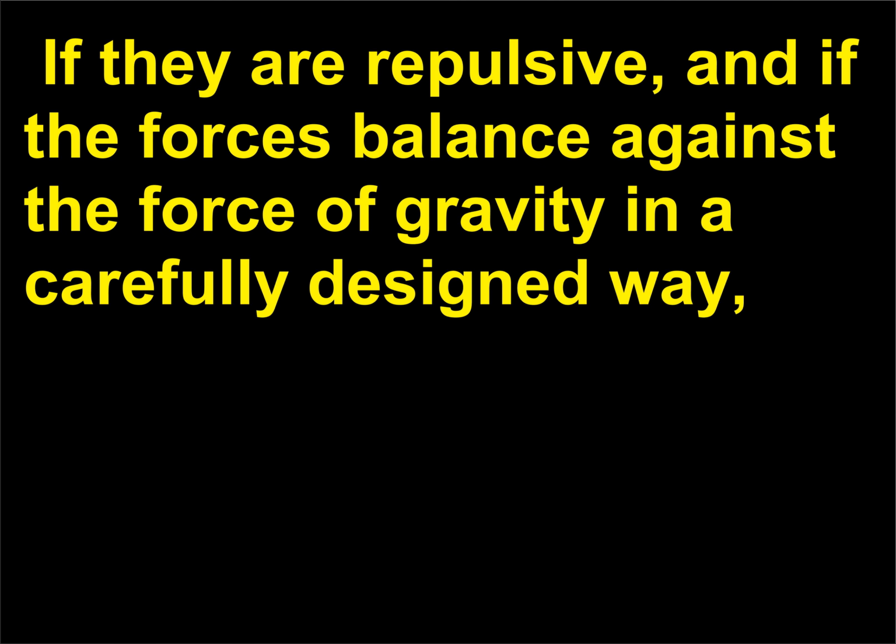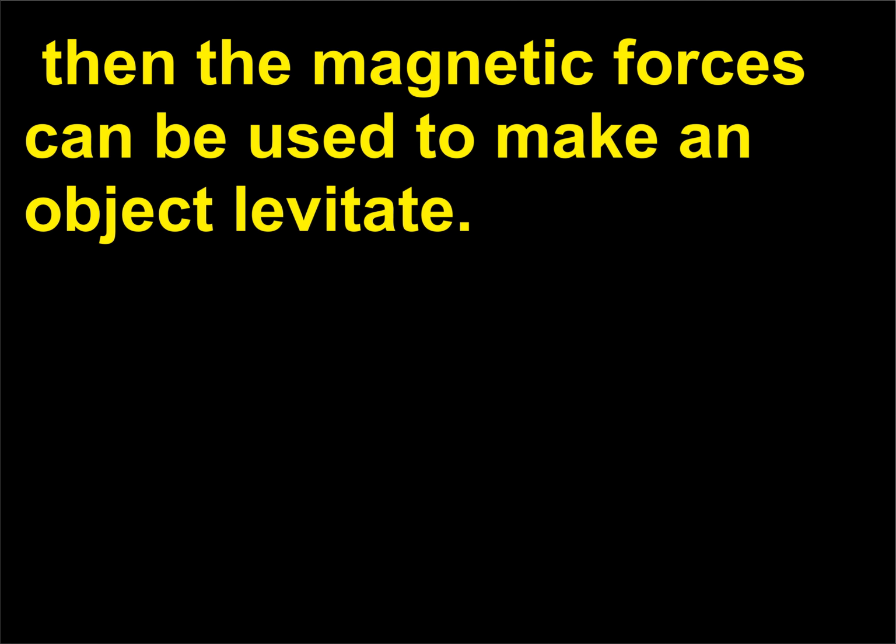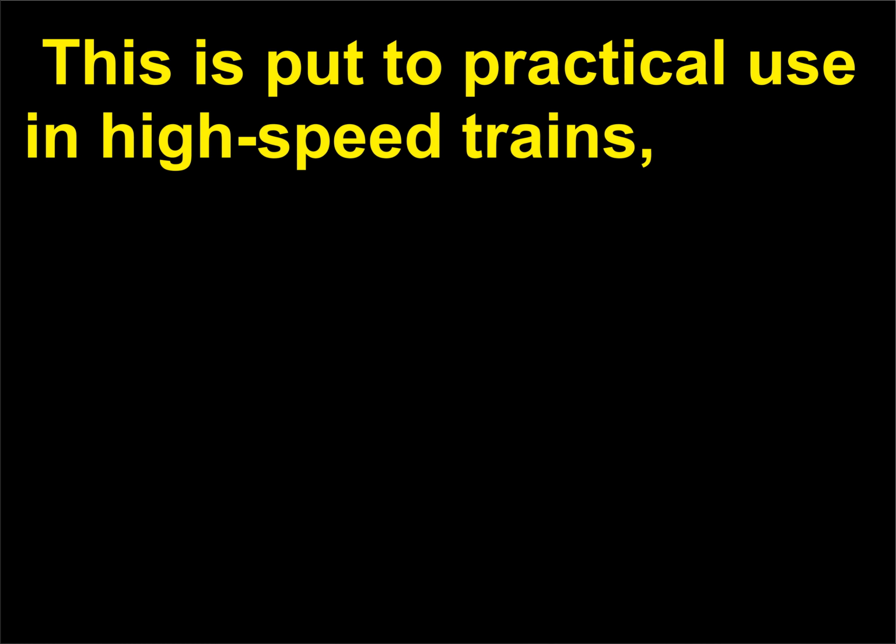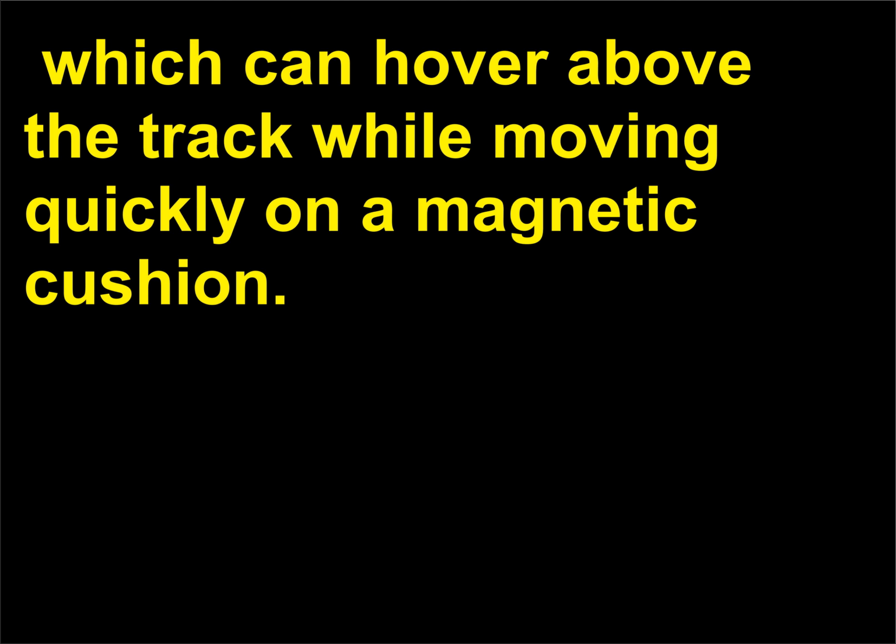If they are repulsive, and if the forces balance against the force of gravity in a carefully designed way, then the magnetic forces can be used to make an object levitate. This is put to practical use in high-speed trains, which can hover above the track while moving quickly on a magnetic cushion.